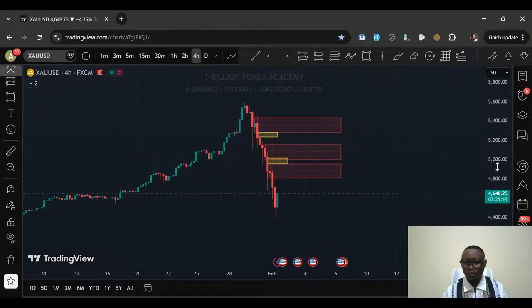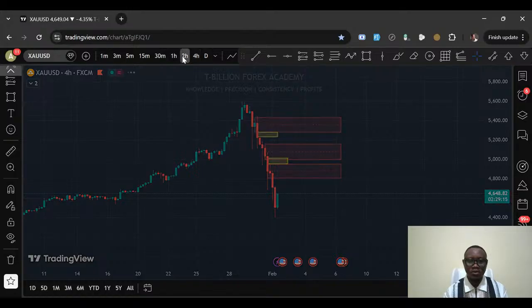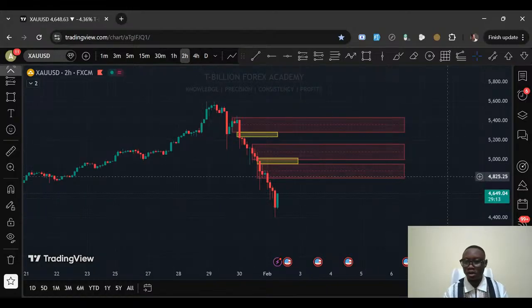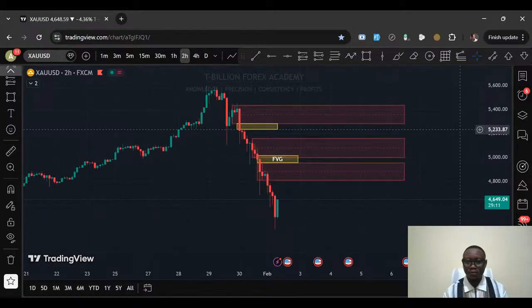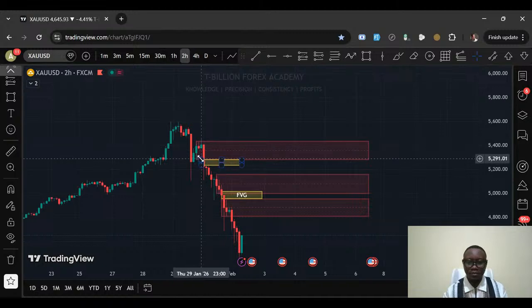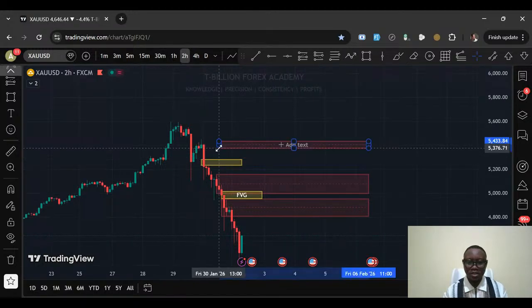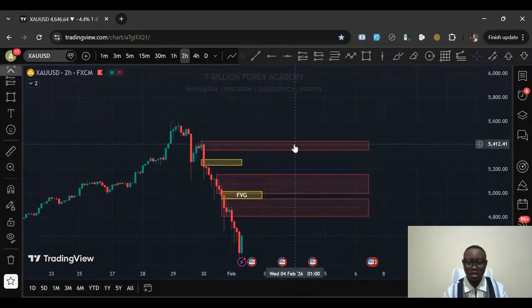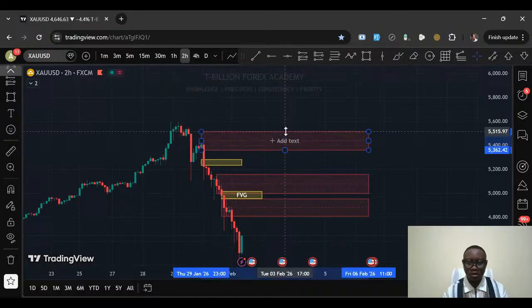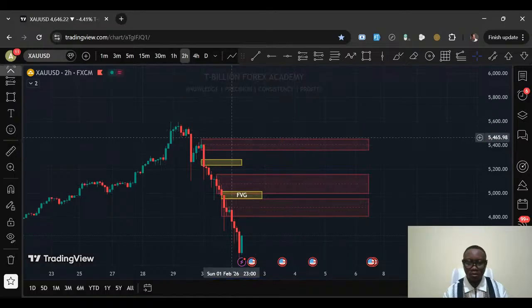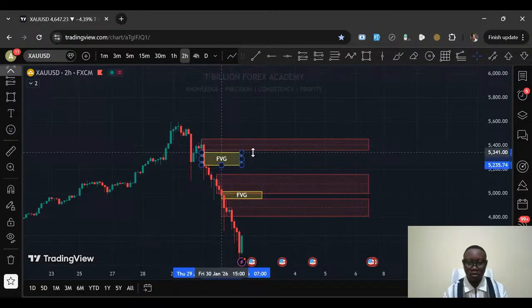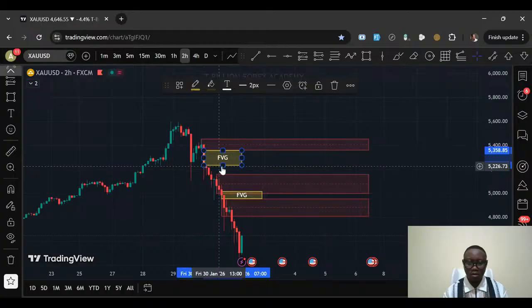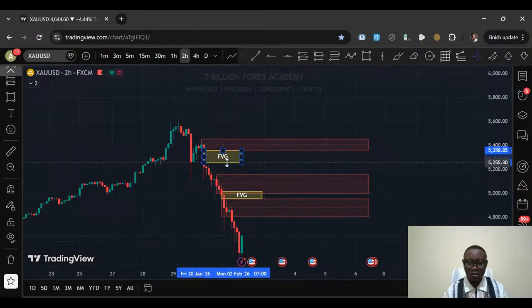So let's drill this down further to the 2H time frame to further refine the zone and identify other order block zones. So we have this zone here, this 2H order block zone. We have this 2H order block zone. So our fair value gap is this.